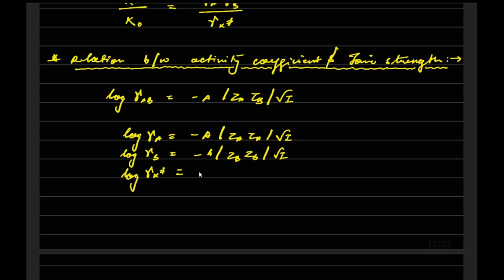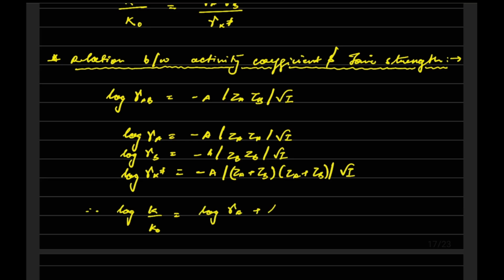Log of gamma for the transition state is equal to minus A mod of (ZA plus ZB) into (ZA plus ZB) root I, and therefore log of K by K naught is equal to log of gamma A plus log of gamma B minus log of gamma of the transition state.